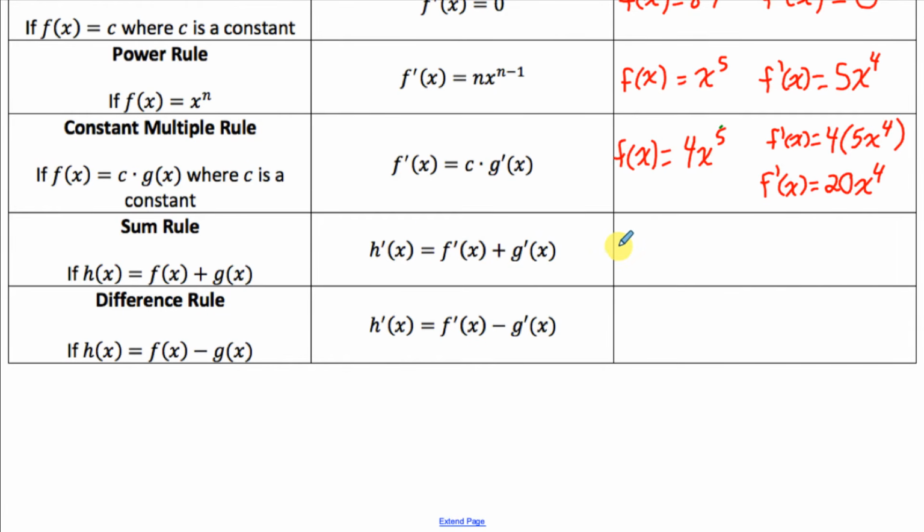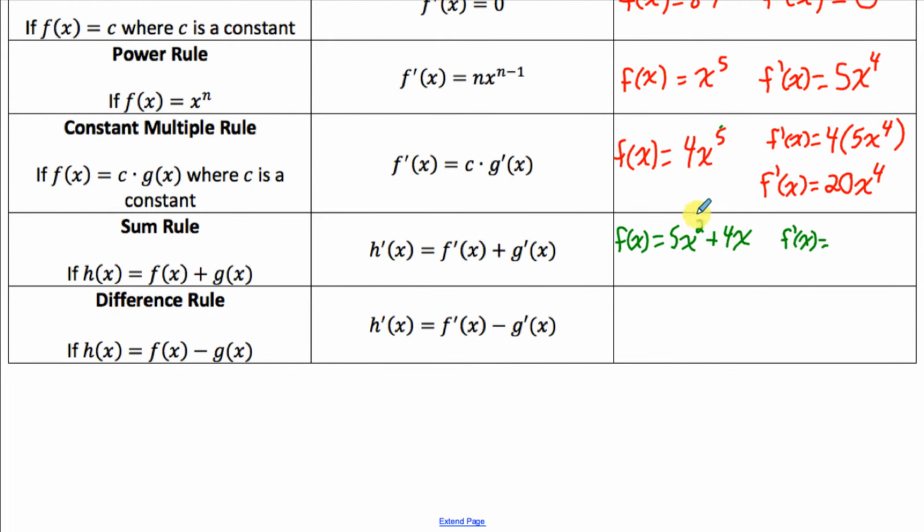So for example, let's say our original function was 5x squared plus 4x. The derivative of this, f prime of x, would be equal to, we just have to differentiate each of those functions separately.